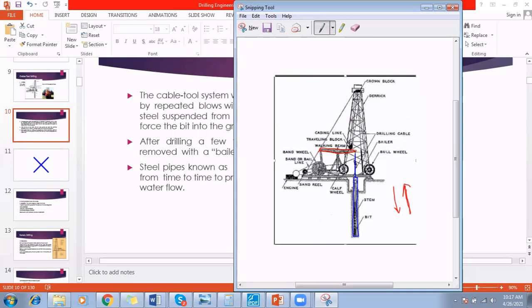So you can see that here a pulley is attached.